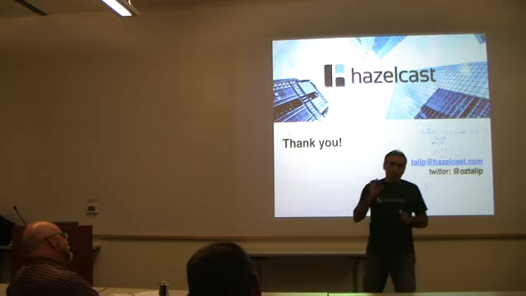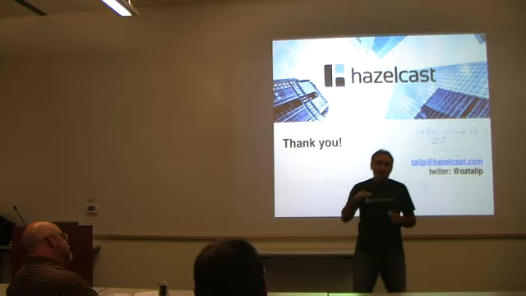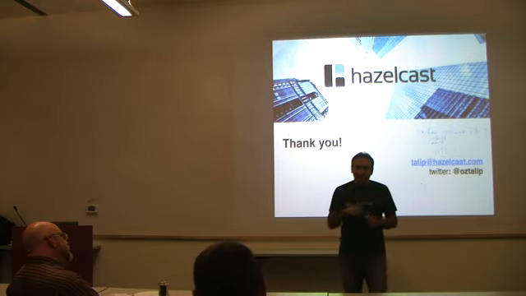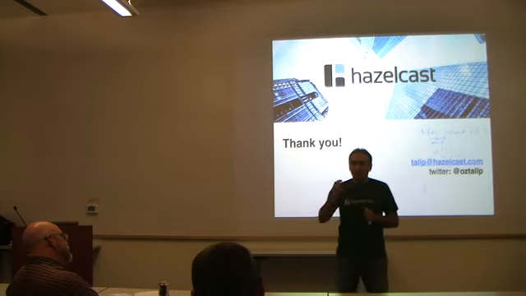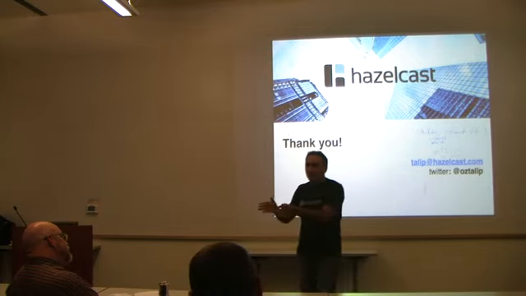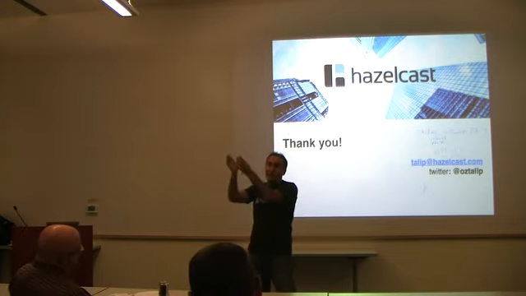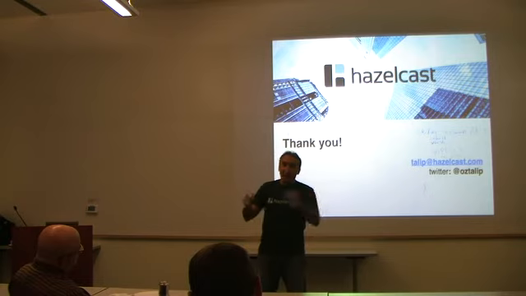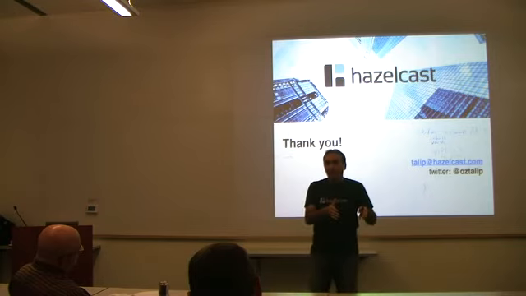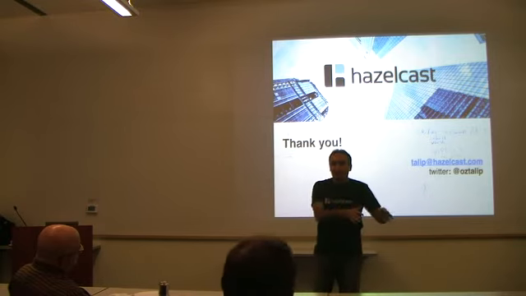Hazelcast will store the values in binary format by default. That means when you do a put, we serialize your object into a byte array. We move the byte array to another server, the owner's node, and store it as a byte array. When you need it back, we just send you the byte array back.